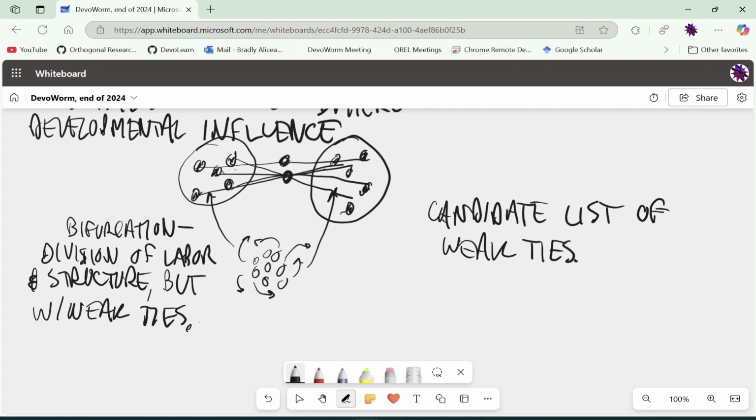If you've heard of rich club neurons in the connectome of C. elegans or other connectomes, this is not exactly like a rich club. A rich club is highly connected. It's a hub. It's densely connected, but has influence with other places. A weak tie will be generally very weakly connected, but link maybe two very large networks.